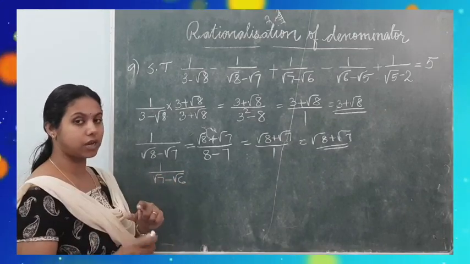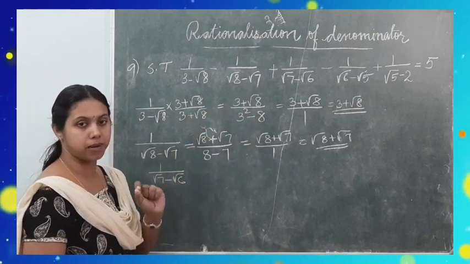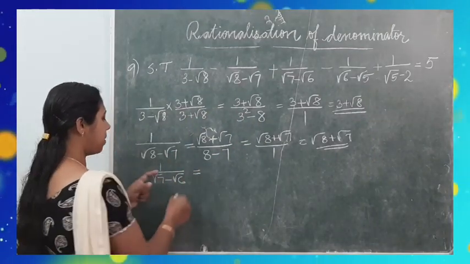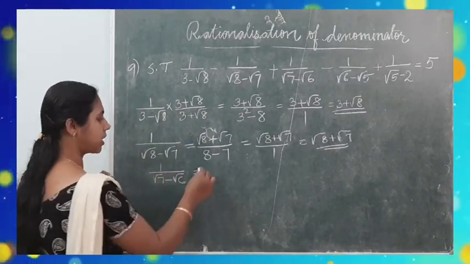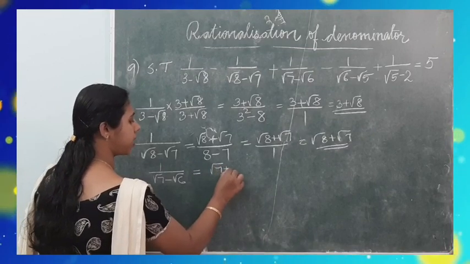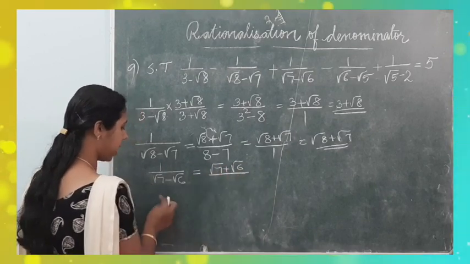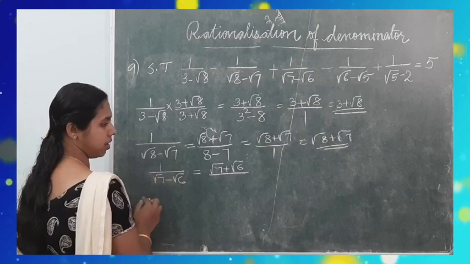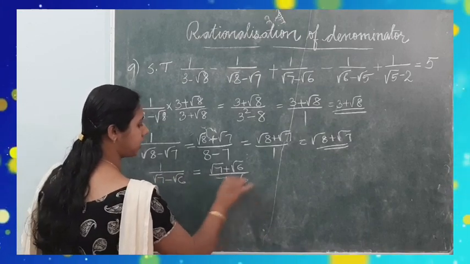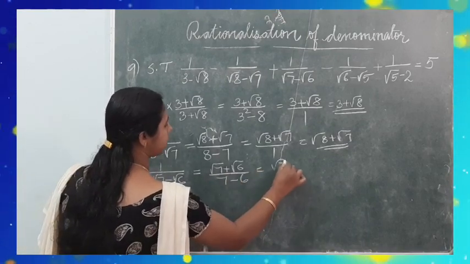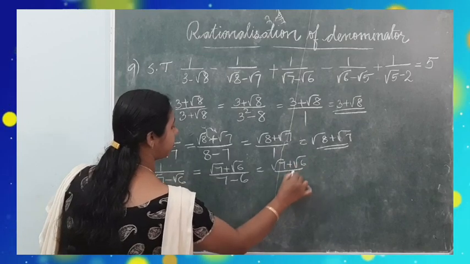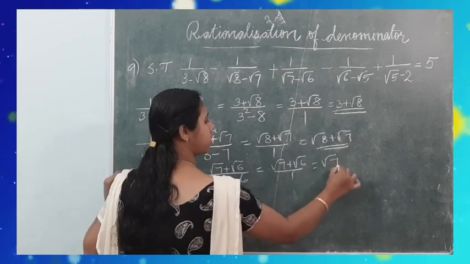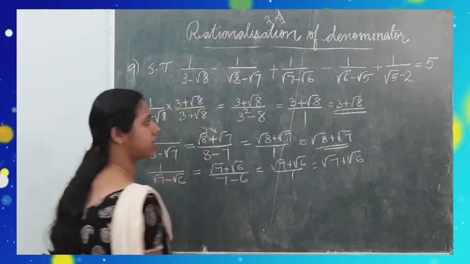When you are writing in the notebook, you should write each step separately. We get root 7 plus root 6 divided by 7 minus 6, which is equal to root 7 plus root 6 by 1, which is equal to root 7 plus root 6.